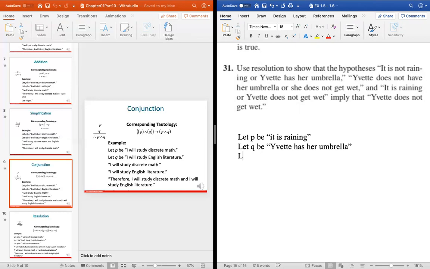Let R be she gets wet. So we have these assumptions here.